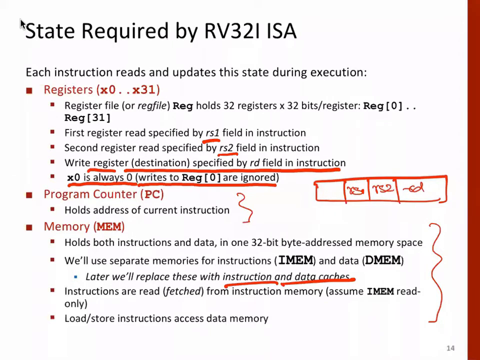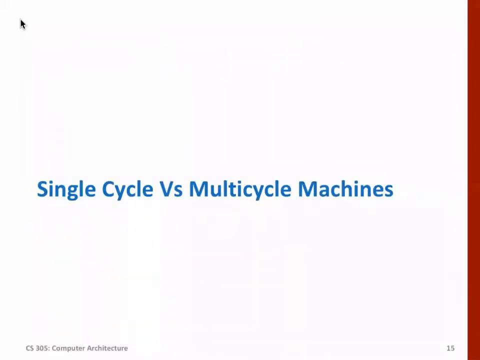So basically the concept will be taken further for performance improvement by designing caches. That's the reason they are showing instruction memory as separate from data memory. Okay, all right. Any question up to this point?